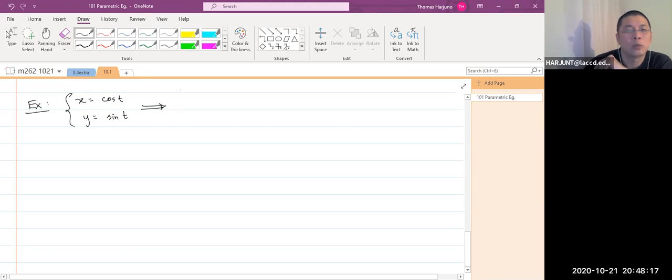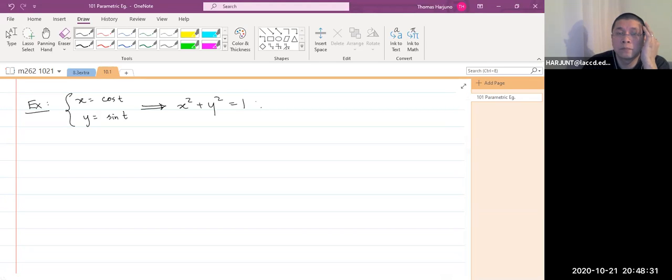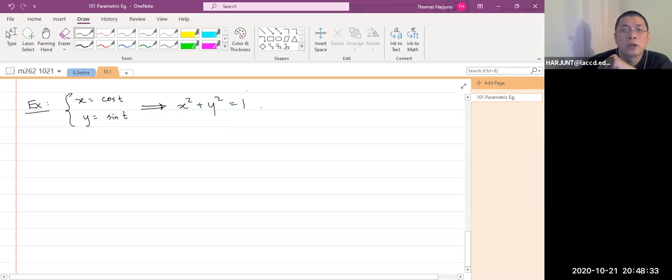Because one way to eliminate the parameter is by seeing x squared plus y squared equals 1. So this parametric equation will give you a circle with radius 1.